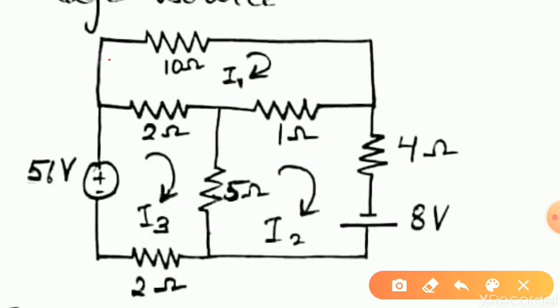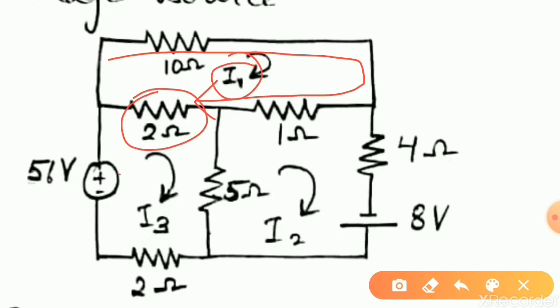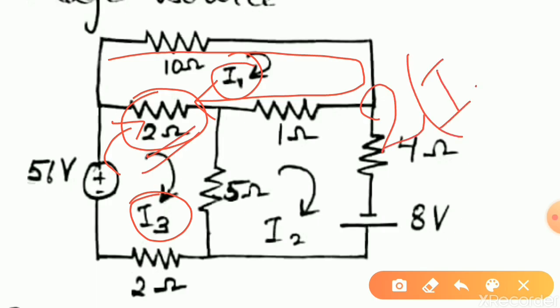When I1 flows through the 2 ohm resistor, this 2 ohm resistor encounters one more current, that is I3, flowing through it. The directions of currents at the 2 ohm resistor are opposite, so we can write KVL for this as 2 into major current I1 minus neighboring current I3.